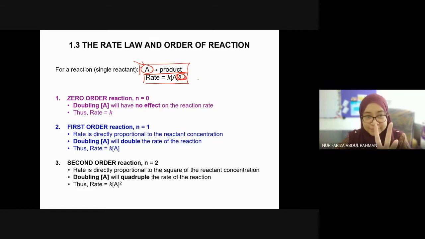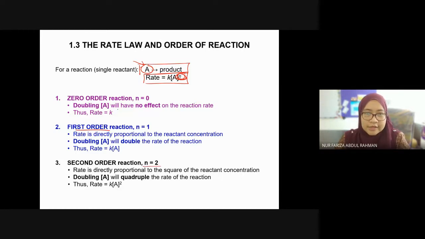Kita ada 3. Kalau dia zero order, if n is equal to 0. Kalau dia first order, n is equal to 1. And kalau dia second order. Okay, kalau dia second order.